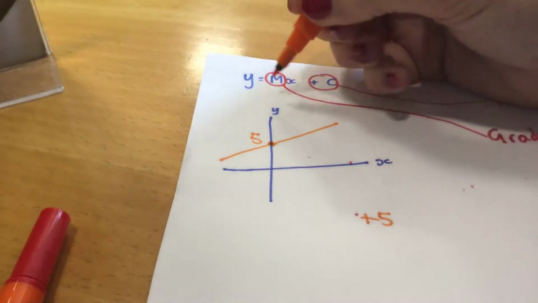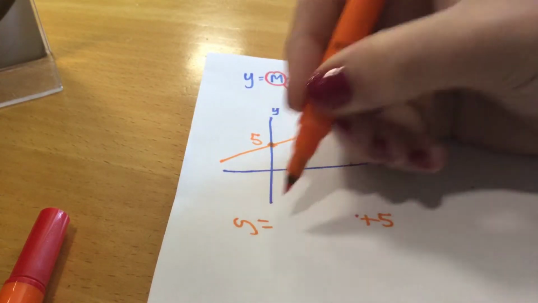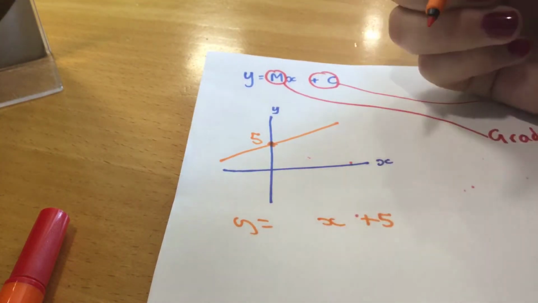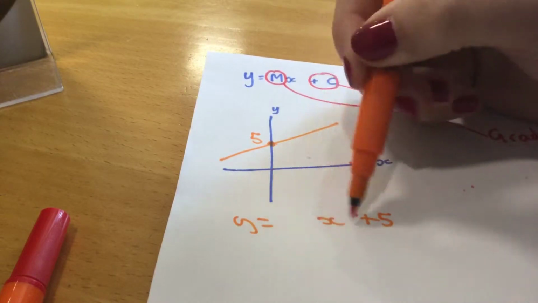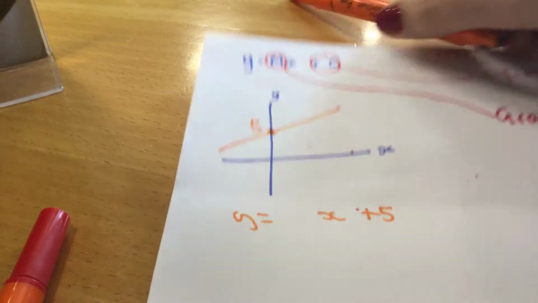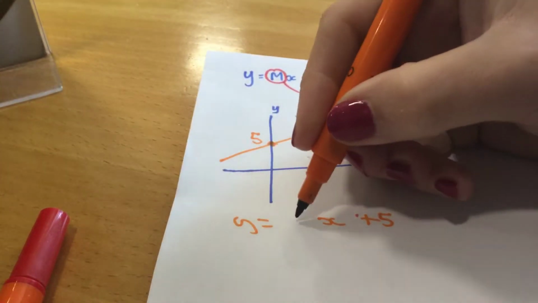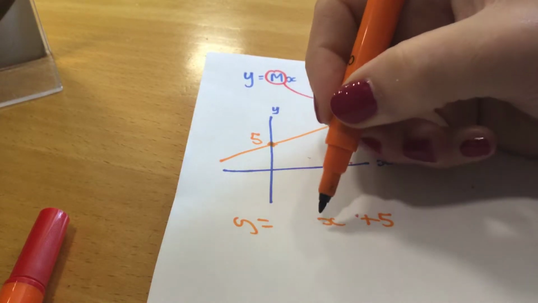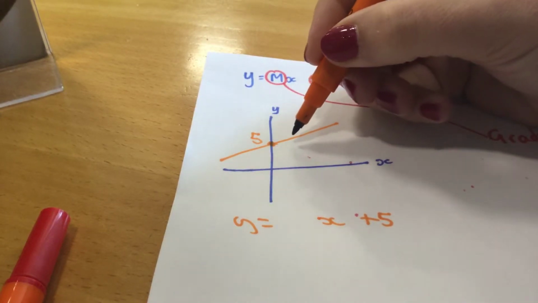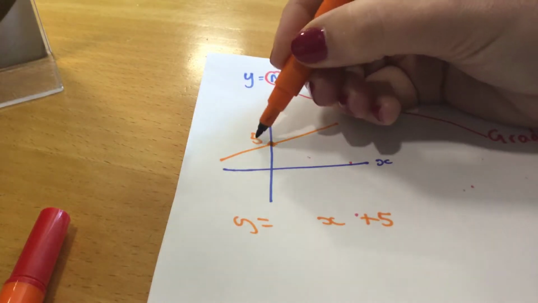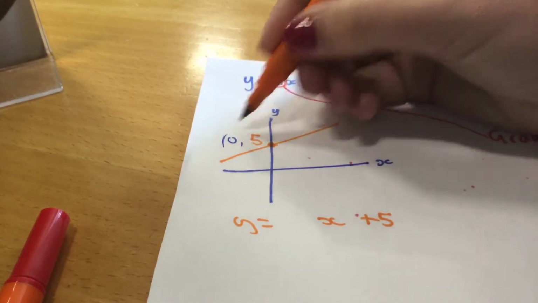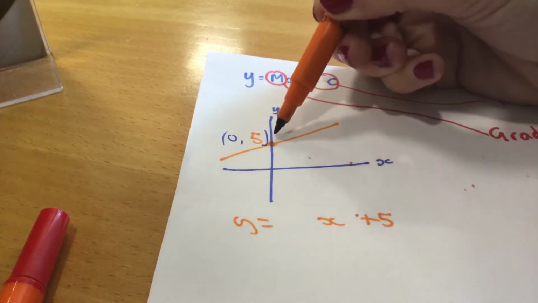The y equals something x plus 5 stays the same, so the y and the x are the same. However, if you were going to try and work out the gradient, the number before the x, you'd need another point on this line. So I know that's 5 there, so that would be the coordinate 0, 5.